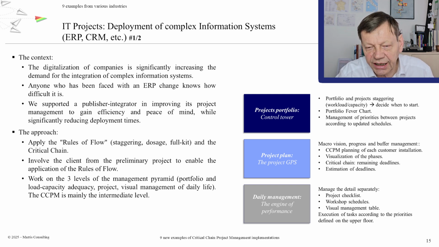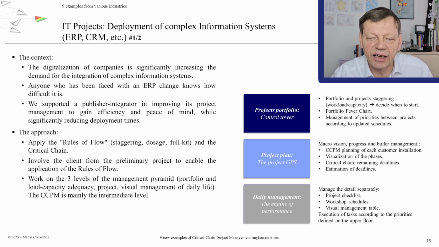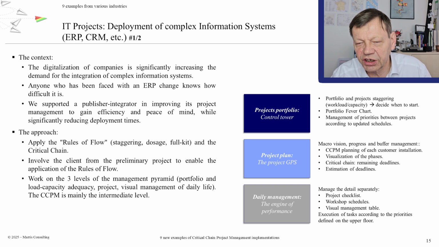In this particular case, we had a system with a 3-level solution, and we quite often do this sort of thing, and there are other videos specifically about this control pyramid principle. At the top level you have what we call a control tower, which looks over the next 12 months, 18 months or whatever, and has a portfolio fever chart. That's to keep the overall view of what's going on.